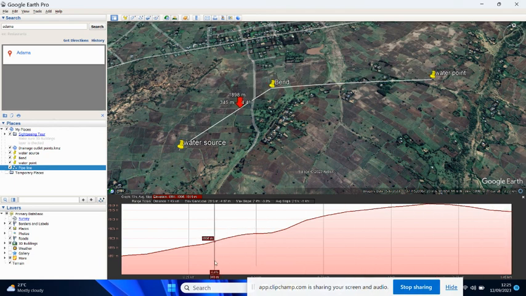But don't forget to take the elevation of source 1, the big point here, around here, which is point 2, and another point 3. These three points are mandatory for the hydraulic analysis to be free from negative pressure.